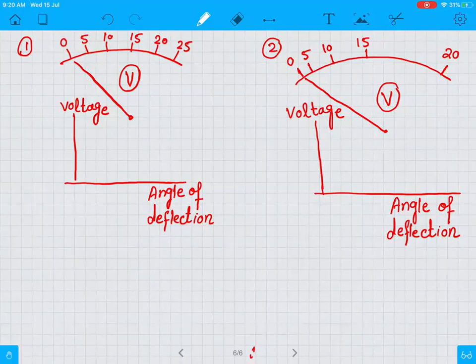The third meter we have to observe is the one in which the sensitivity is decreasing.